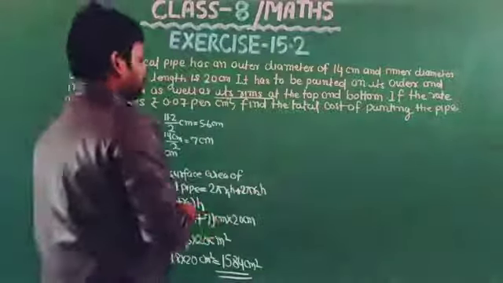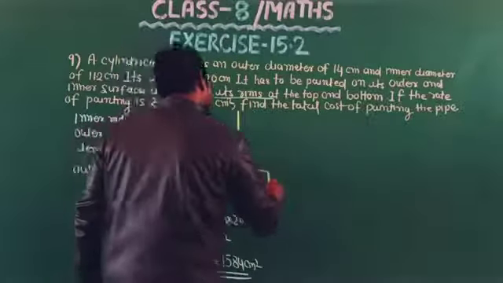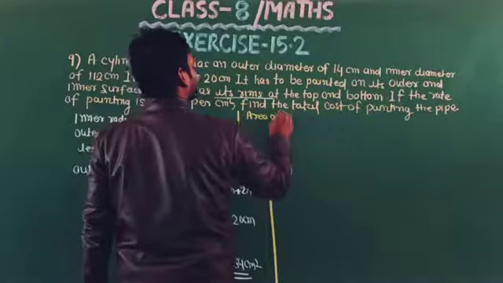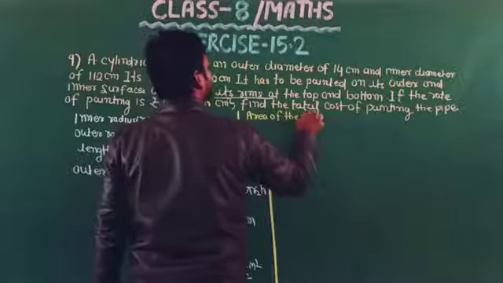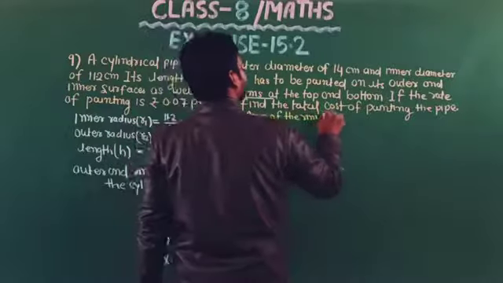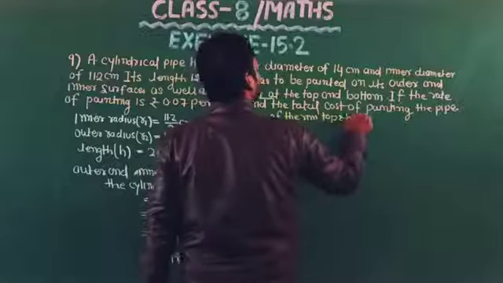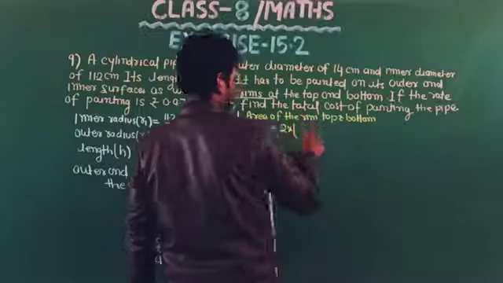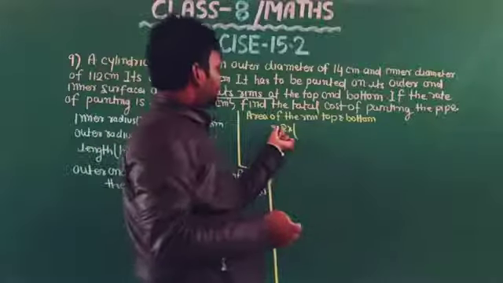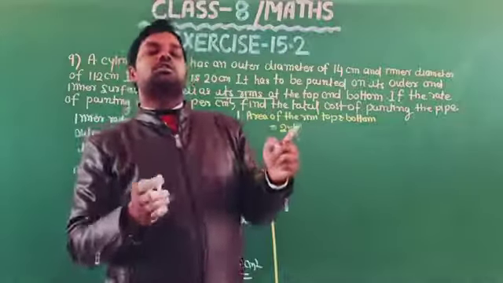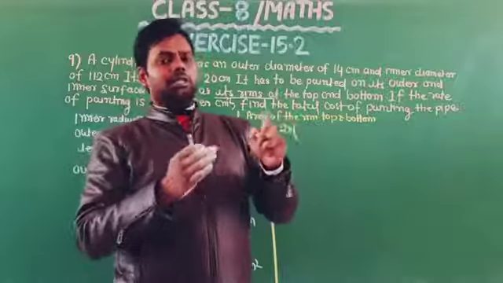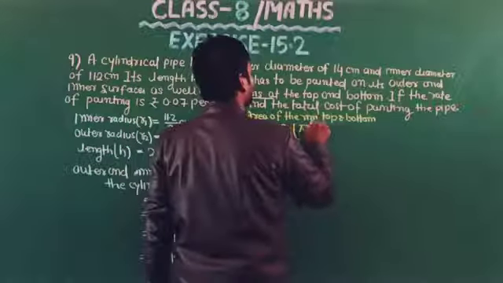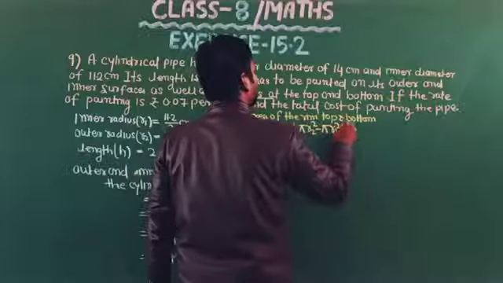The area of the ring, top and bottom, is calculated by 2 into, and 2 means we have to multiply by 2 because the cylindrical pipe has the same circular area on both sides, so that will be calculated by pi R2 square minus pi R1 square.